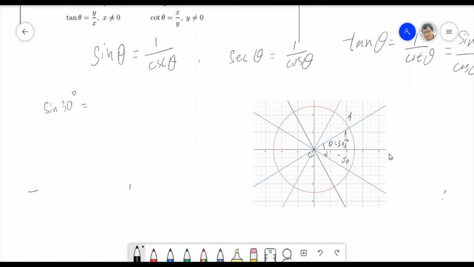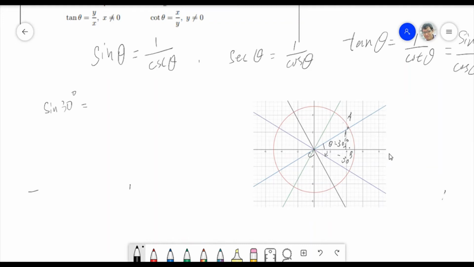Sorry, it's not very clear. The point A should lie on the circle, right? So it should drop down here. Here is B. This is horizontal, right?